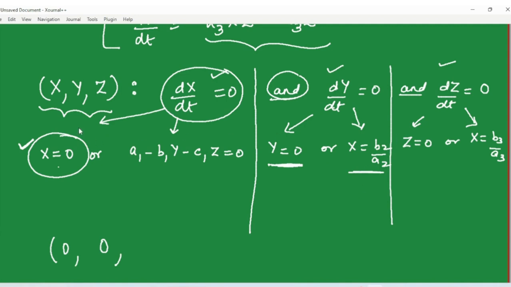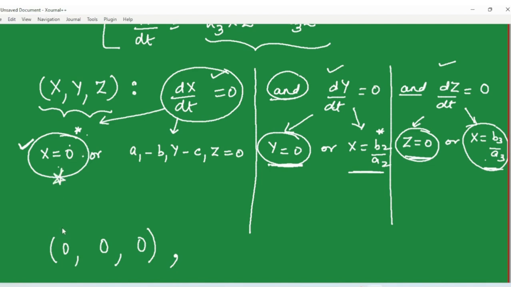So this combination is inconsistent. So this can only be combined with y equal to 0, and that leads to dy by dt equal to 0. Again, x equal to 0 can be combined with this or this, but if x is 0, x cannot be b3 by a3. So that means this cannot go with x equal to 0. So the only option left is z equal to 0. So 0, 0, 0 happens to be one equilibrium position. So when I froze x as 0, the only possibility which I got from the other two equations was y equal to 0, z equal to 0.